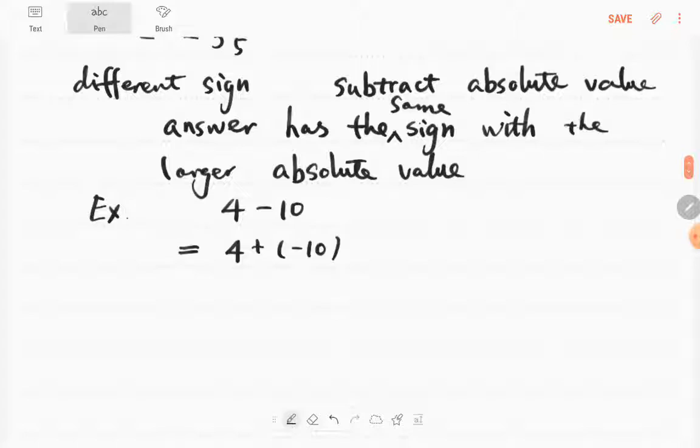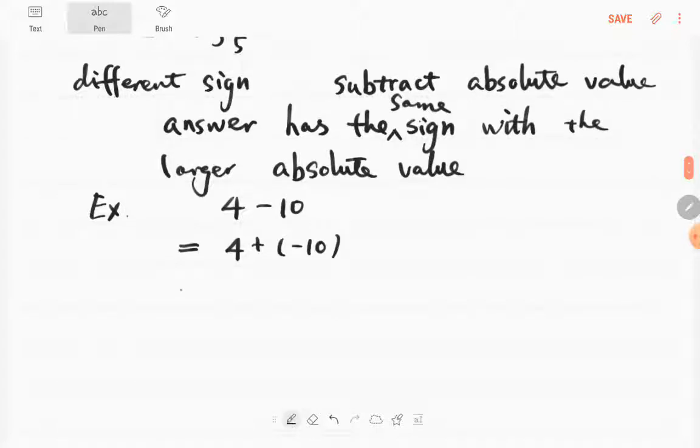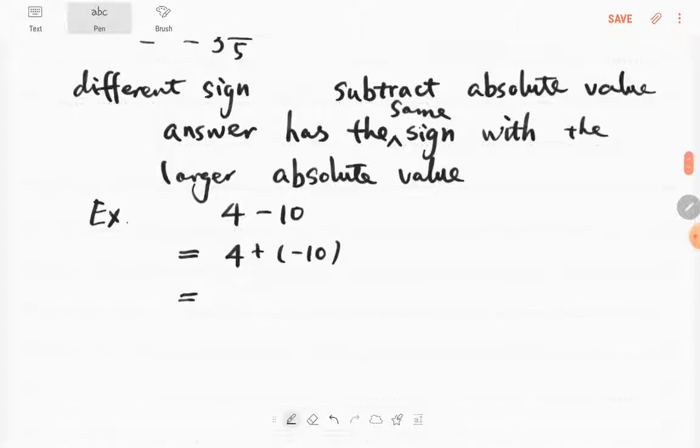We realize they have different signs, right? First we should determine the sign of our answer. The answer should have the same sign as the larger absolute value. We check 4 and negative 10, and we realize negative 10 has the greater absolute value. So our answer should have a negative sign, just like negative 10.